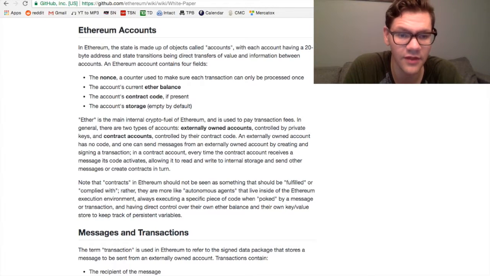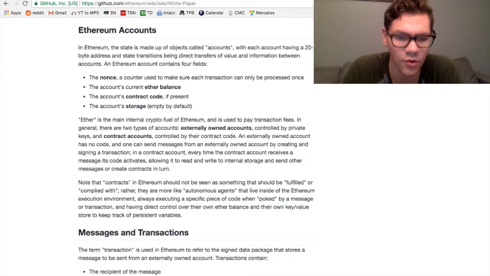In general, there are 2 types of accounts: externally owned accounts, controlled by private keys, and contract accounts, controlled by their contract code. In a contract account, every time the contract account receives a message, its code activates, allowing it to read and write to internal storage and send other messages or create contracts in turn.